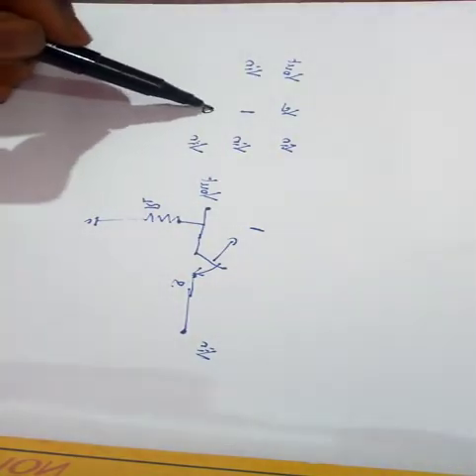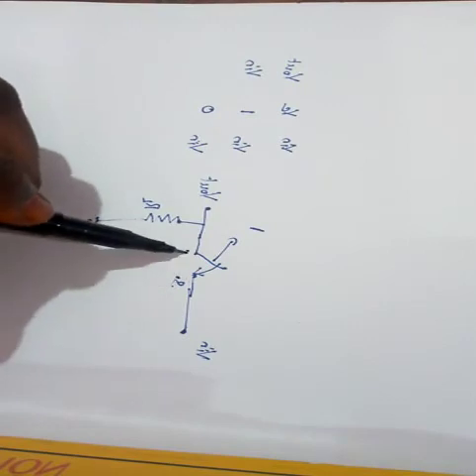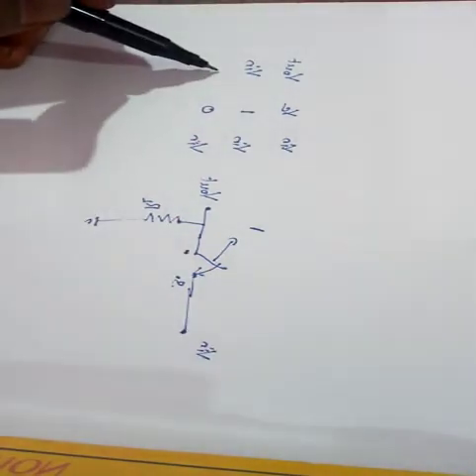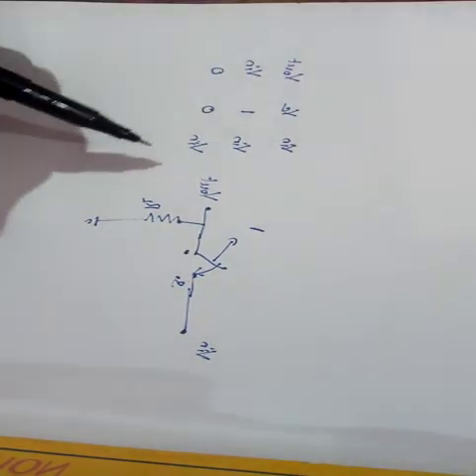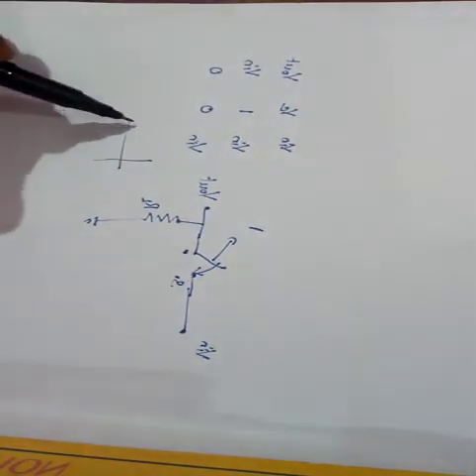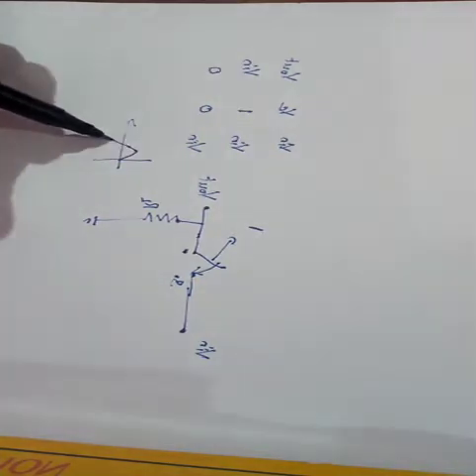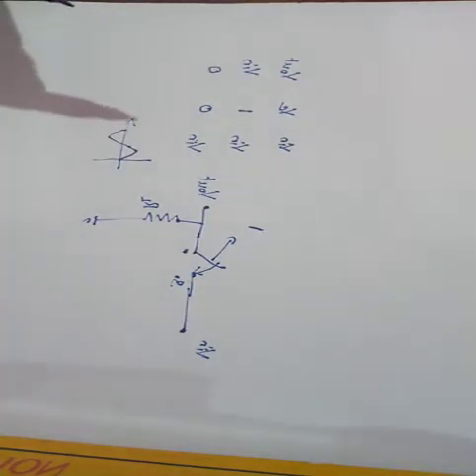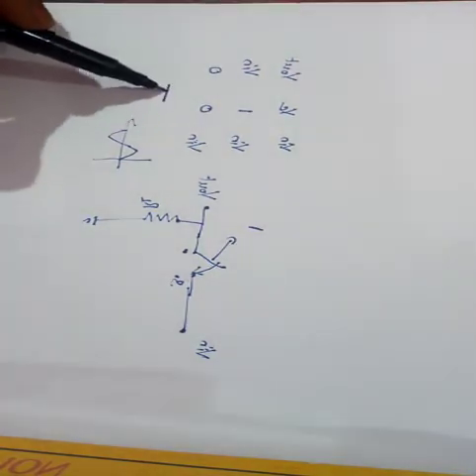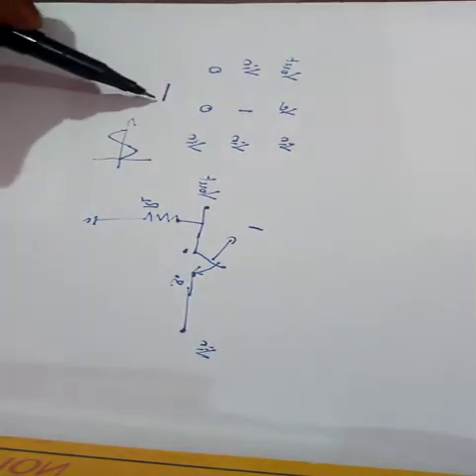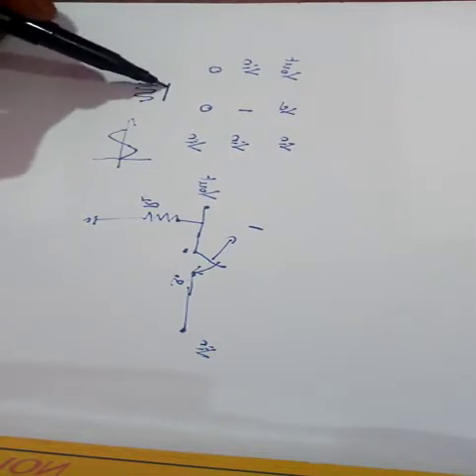If the control voltage is 0, all the signal is dropped across this switch and no output will be provided, so V out will be automatically 0. So if the signal is like this, if I send a signal like this, as long as it is 1, the sine wave will be available.